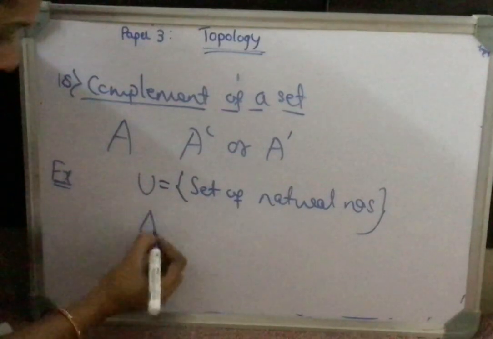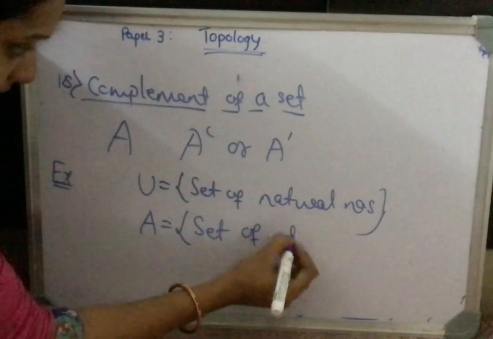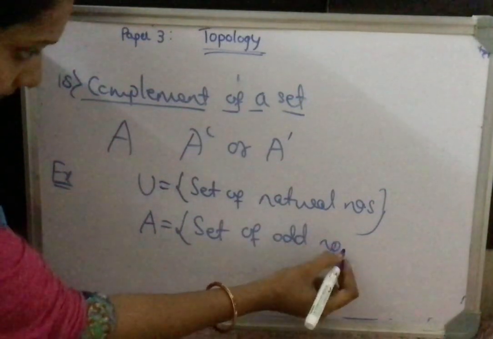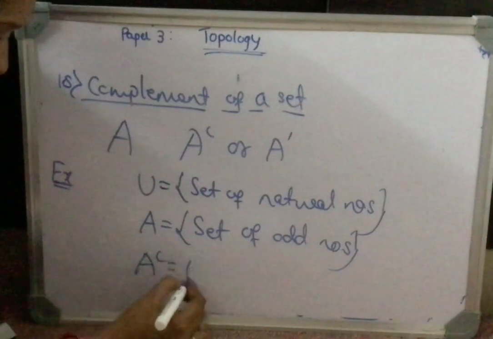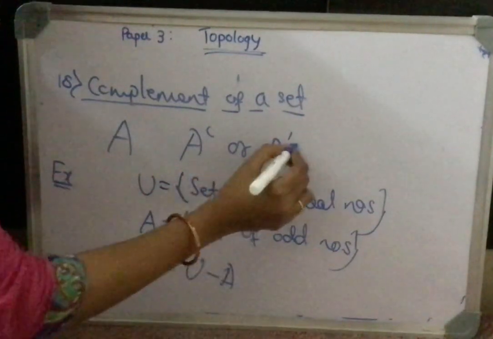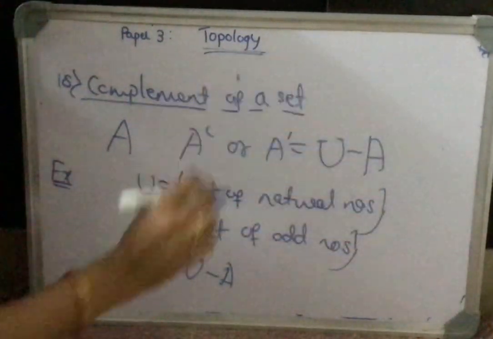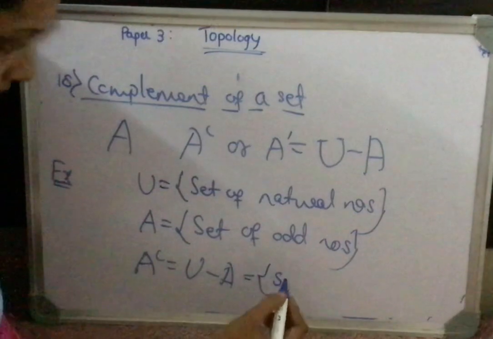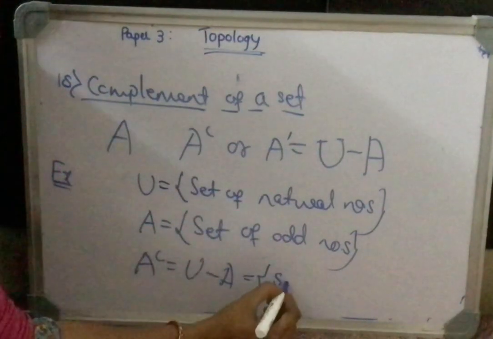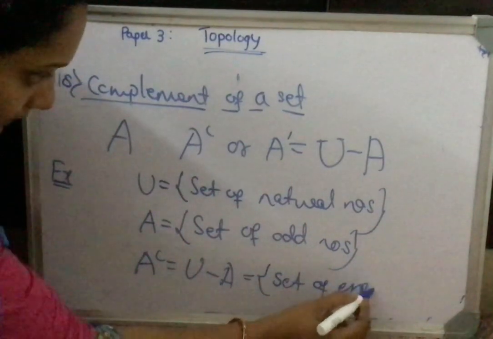If A is the set of odd numbers, then A complement will be U minus A. These are the set of elements in U which are not in A. Natural numbers minus the odd numbers, you will get even numbers, the set of even numbers.